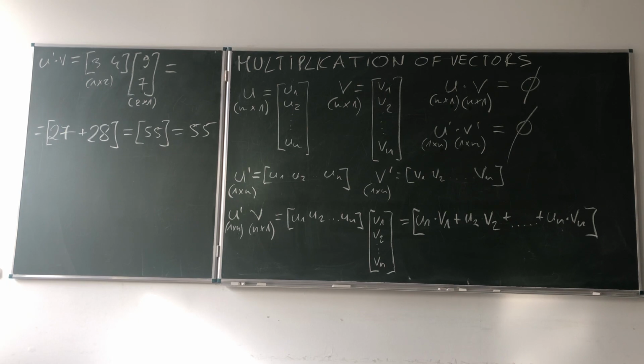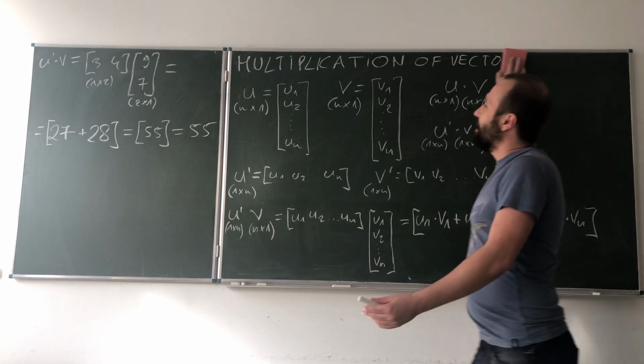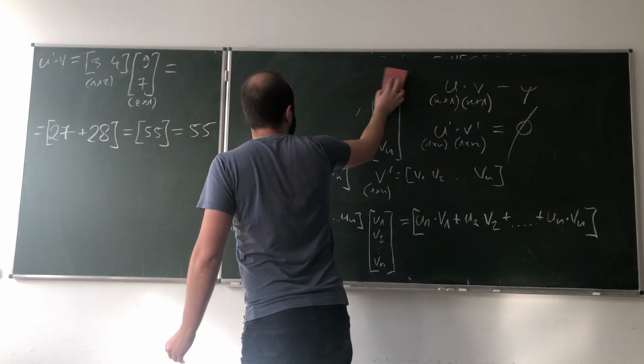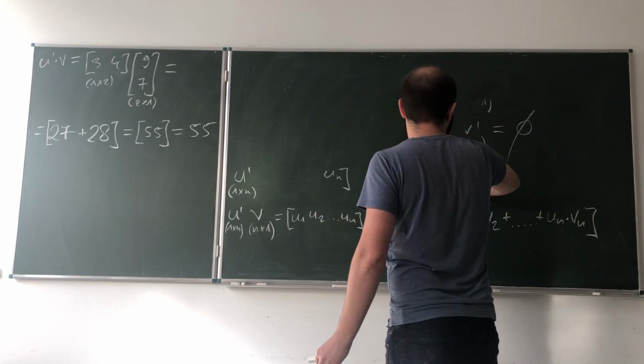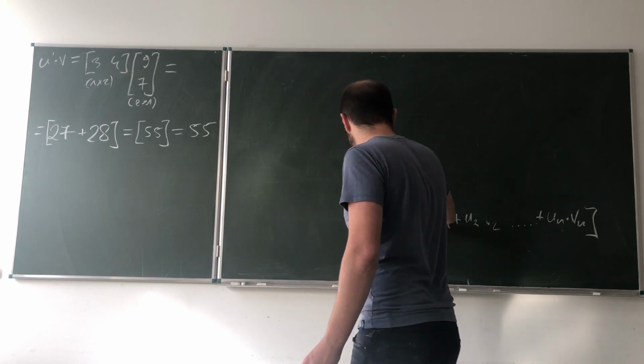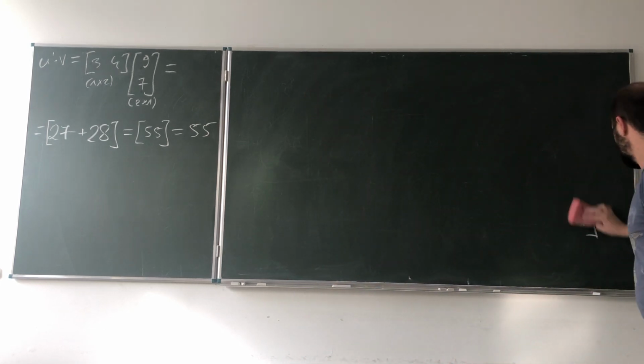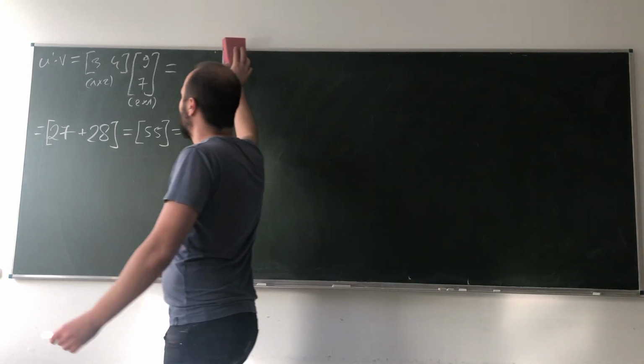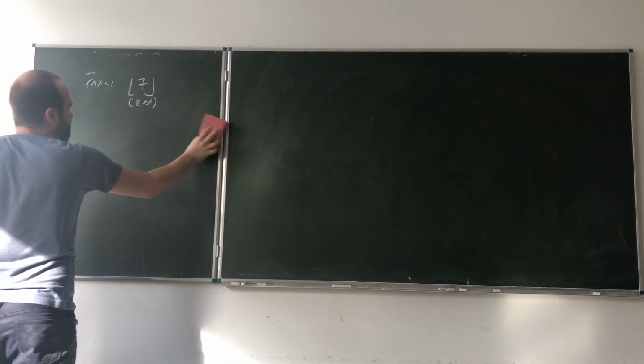But maybe we should take an advantage of the fact that we can actually draw vectors to see how all the operations of the vectors work. Okay, but because we need to draw just in two-dimensional space, we will have only vectors with size 1 by 2 or 2 by 1, right?